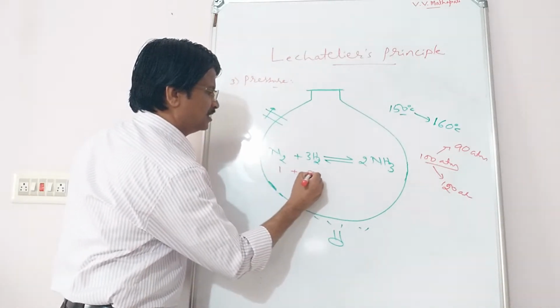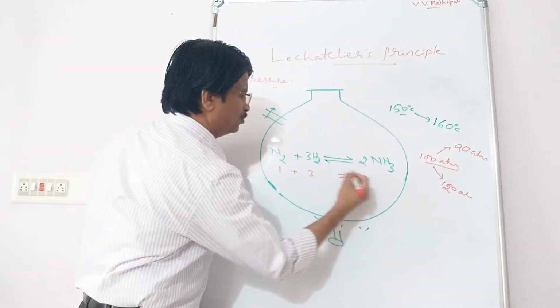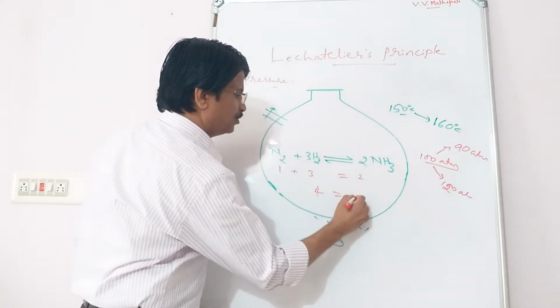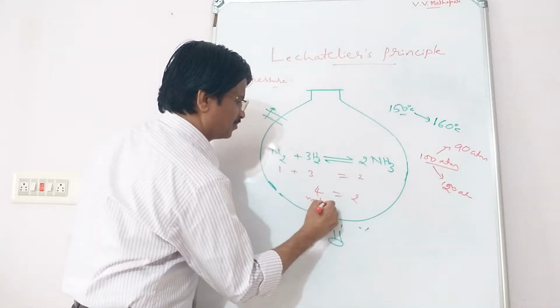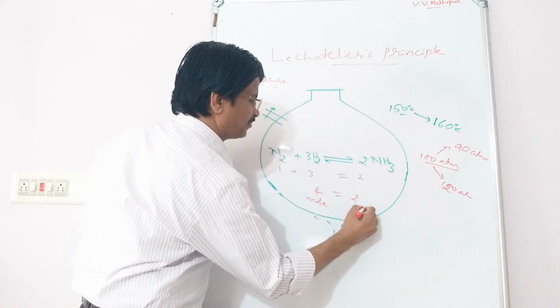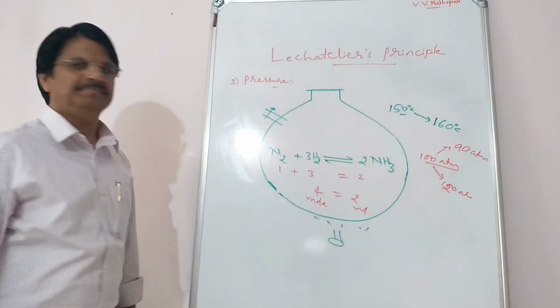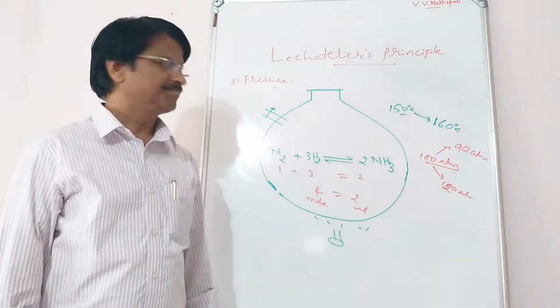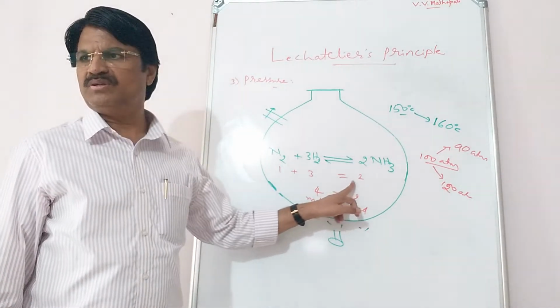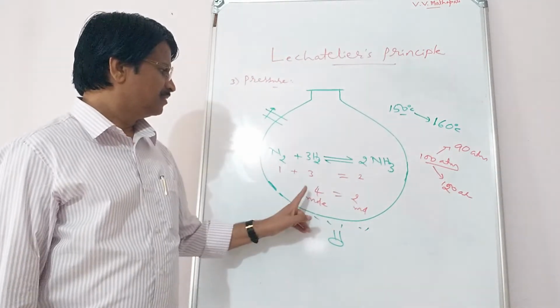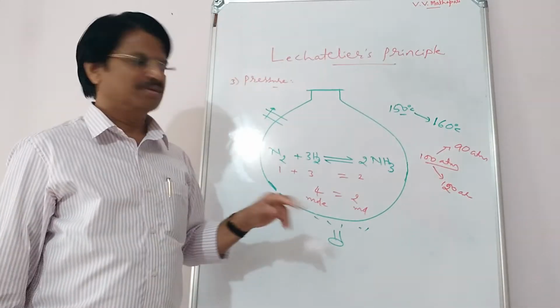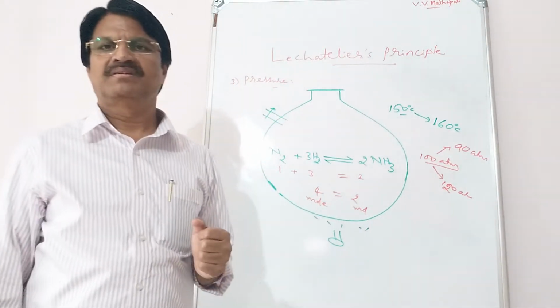1 mole plus 3 moles gives 2 moles, meaning 4 equals 2. In this reaction, 4 moles give 2 moles. Pressure depends upon the number of moles.